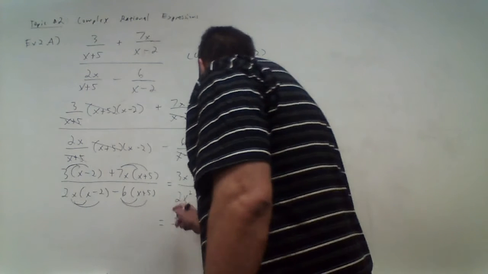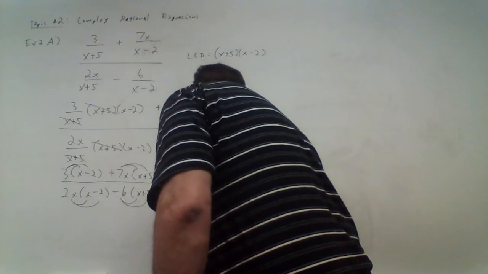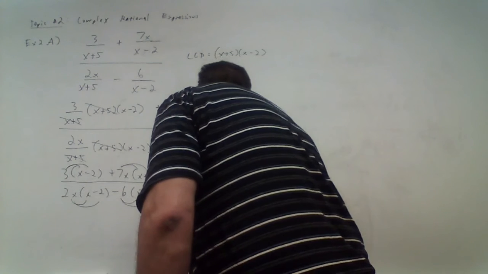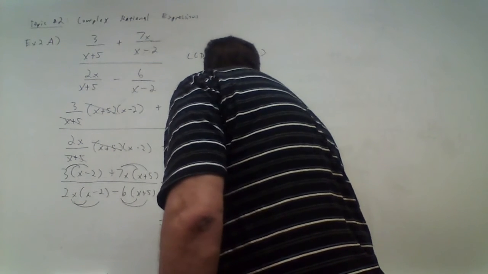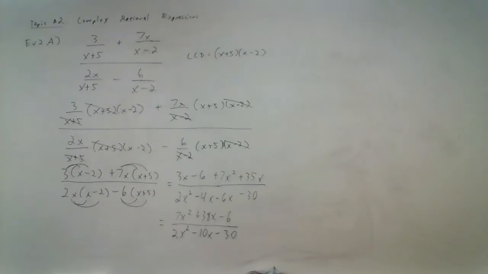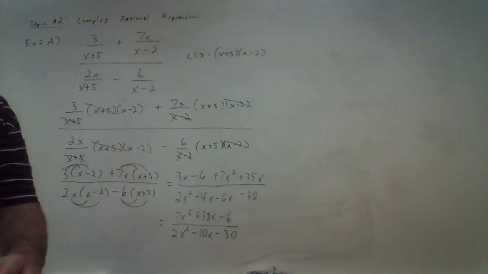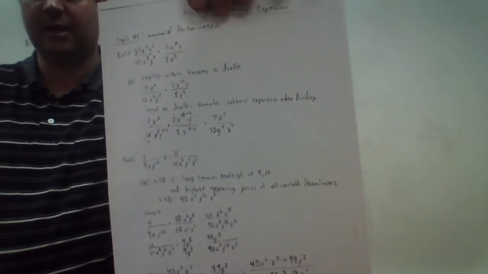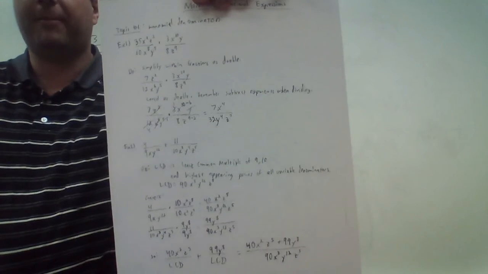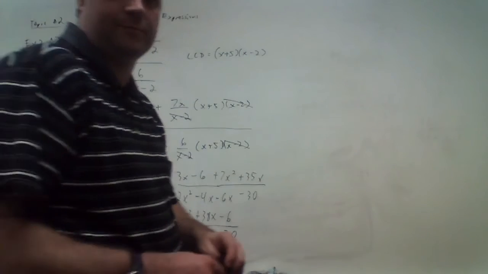Down here, we just have 2x squared minus 10x minus 30. And that's it. Okay? For comparison purposes, you can look at example 2 on that page, which has the additional term. But in place of that, I'm going to do another example.